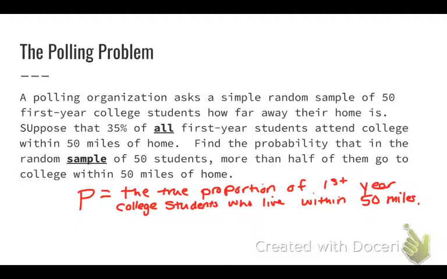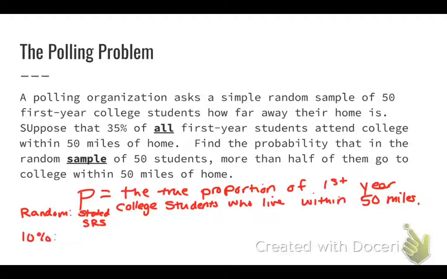Then we want to check our conditions to make sure that we can use the normal model. So what are my conditions? Well, our first one is your random sample. So are we given that it was a random sample? Yes, it is. So I'm going to write that it was stated SRS, or just stated random would be fine.